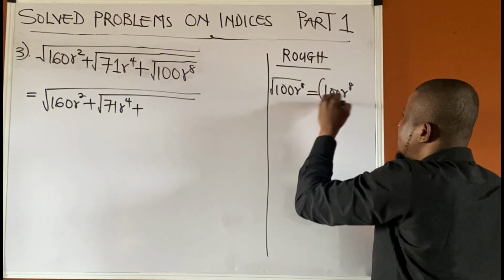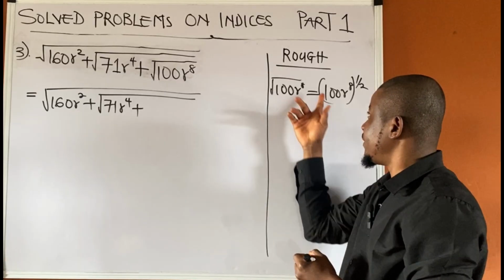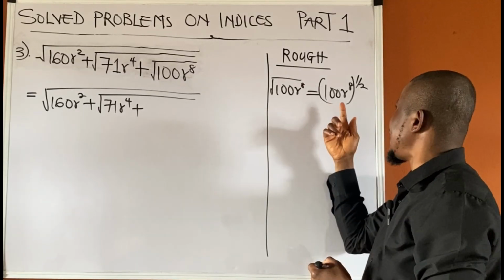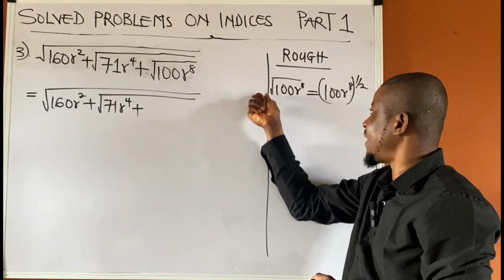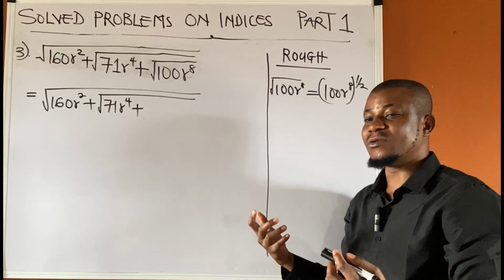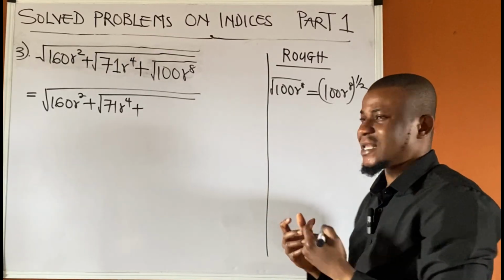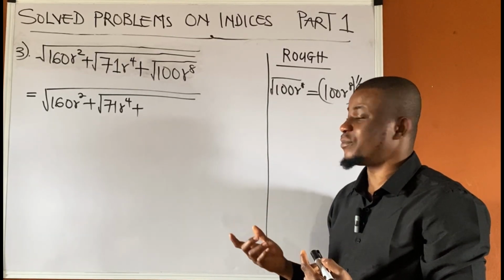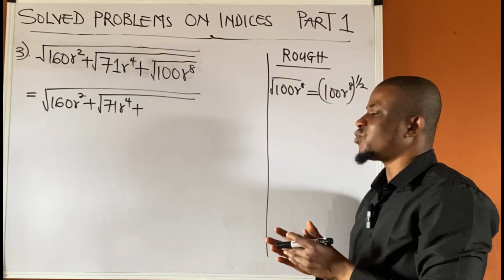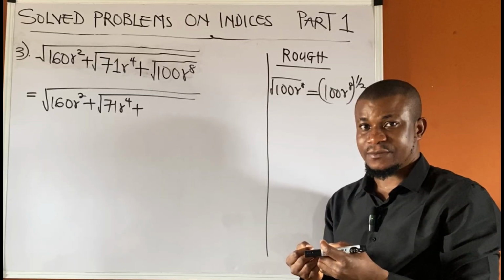Let's take this as 100r to power 8, all to power half. We know that the square root function is like to power half. Square root of any number is that number to power half. Now, like I said in the previous example, the best way to tackle indices is to simplify the numbers in that problem.